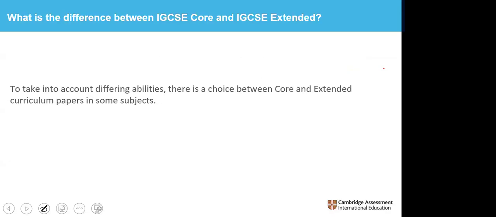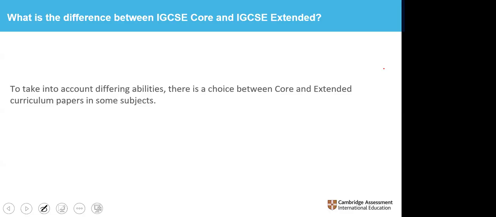Now, what is the difference? I know many of you might have already interacted with the syllabus, and you have been seeing core and extended. You have been seeing first language and second language. Since we are dealing with learners with different learning abilities, Cambridge caters for all those learners.